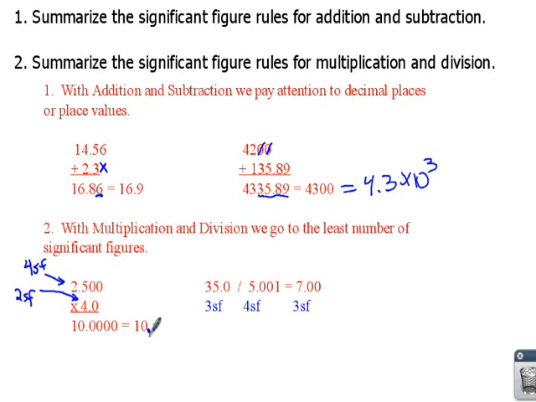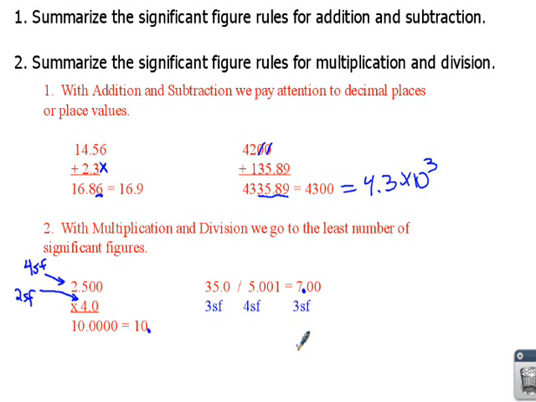So we're going to round our answer to 10 with a decimal, so that only shows 2 sig figs, one that's well known, and the second value is our estimated value, just like the smaller of the 2 we were multiplying originally. In this second example, we're dividing 3.50, which is 3 sig figs, by 5.001, which is 4 sig figs.